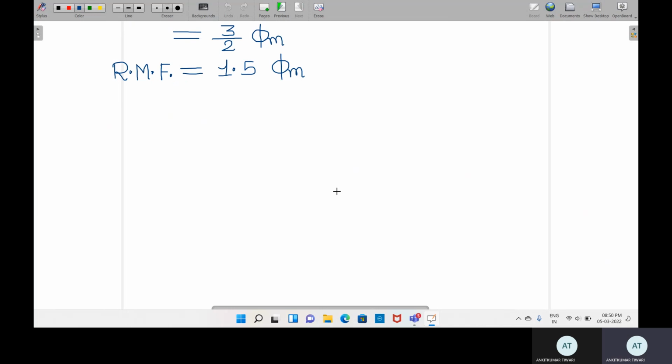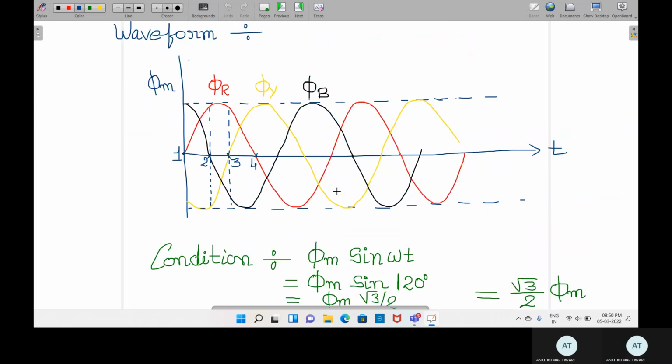As we have seen in the three instants 1, 2, and 3, in each and every instant only two fluxes contribute at one time, and those two fluxes result in 1.5 times phi m, meaning the resultant flux is higher than the normal flux value. But the resultant flux produced is not stationary.